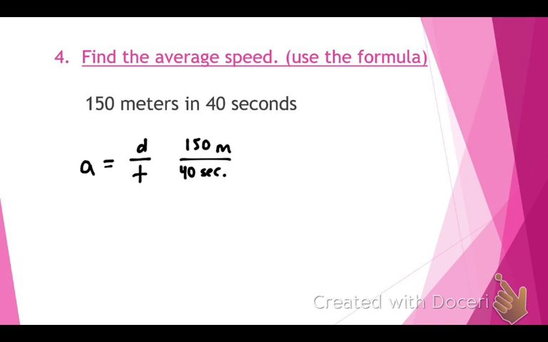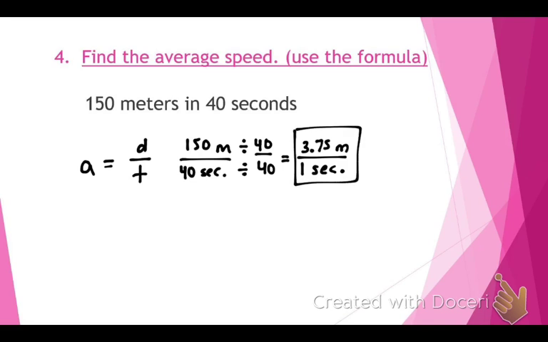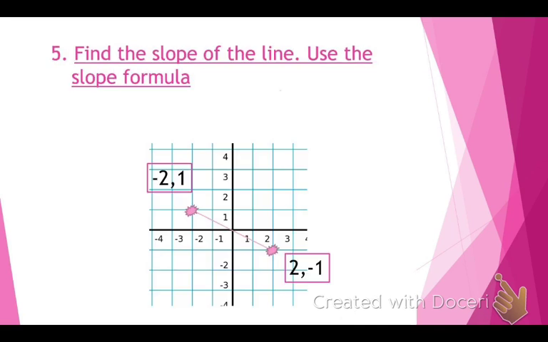Remember, this is just like finding unit rate, so you want to turn that denominator into a 1. 1 what? Second. And what's 150 meters divided by 40? 3.75 meters. Now listen, what some people once again forgot to do was give me their units. Always make sure you have units attached for it to be correct, okay?